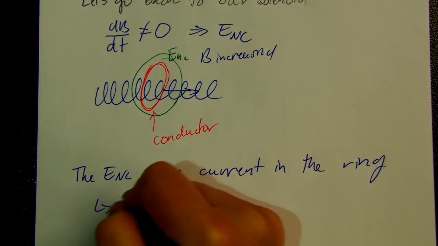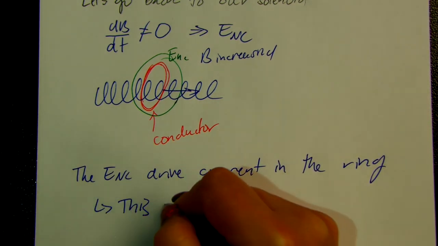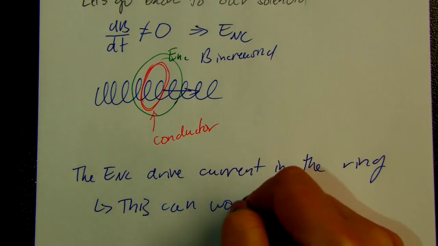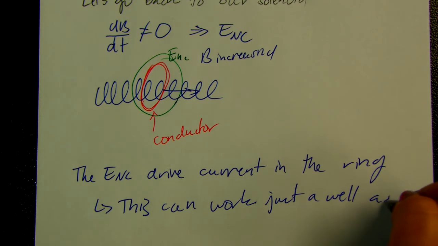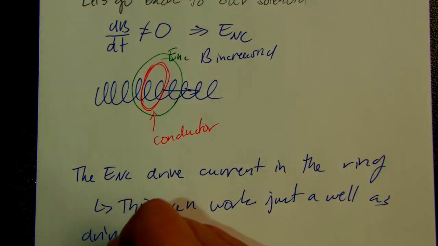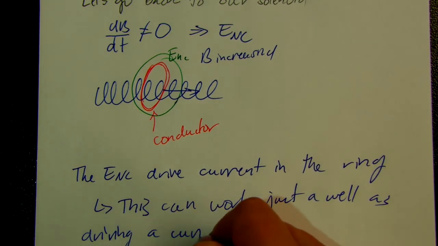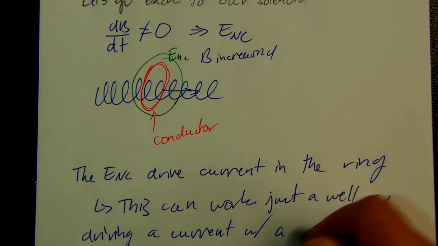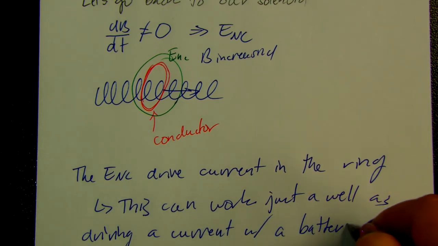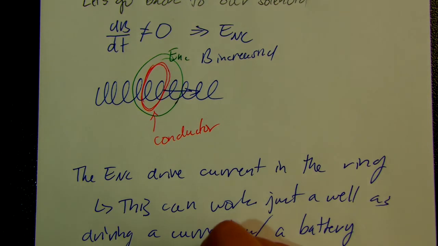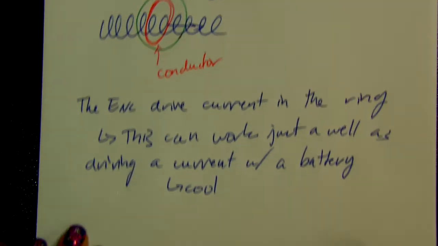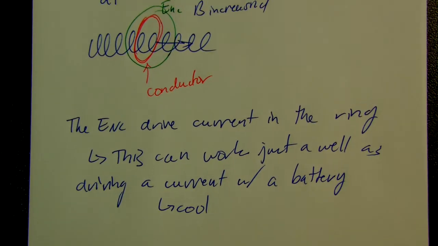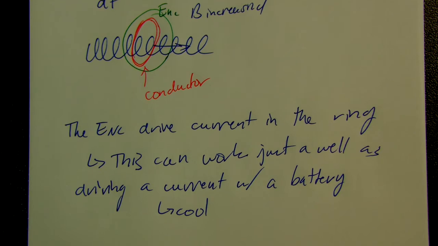And this works just as well as a battery. So this is a really powerful application of Faraday's law and what power you can harness with a time-varying magnetic field.